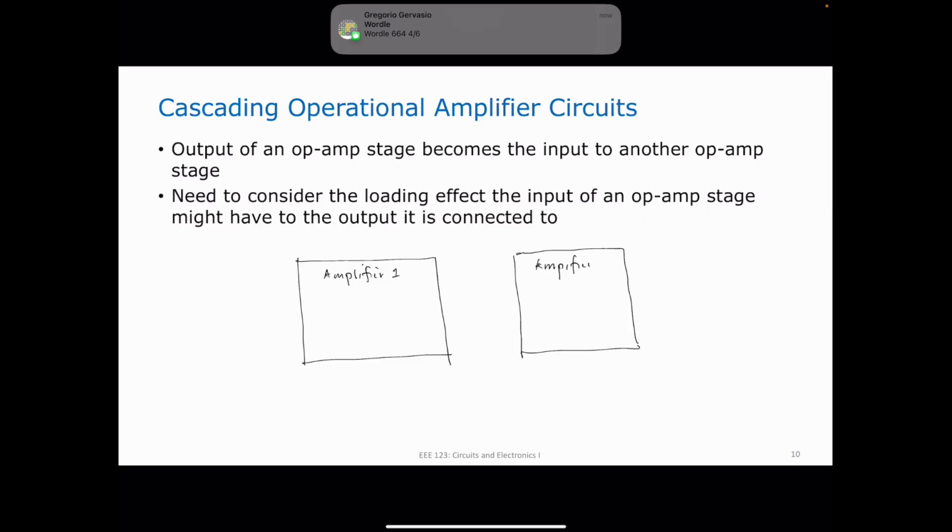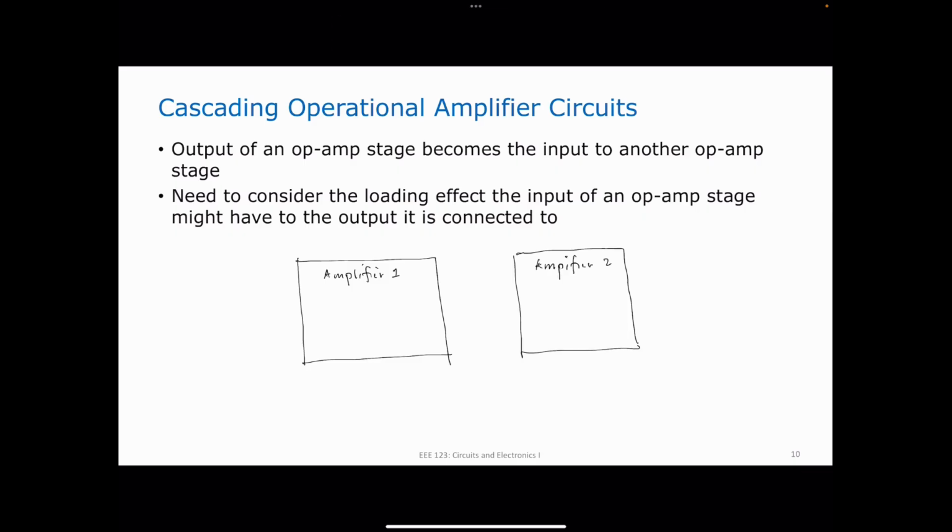So let's say I connect the output of amplifier 1 to amplifier 2, maybe this way, where this is ground. Note, what will the output of amplifier 1 see? The output of amplifier 1 will see an input resistance, we call that Ri.